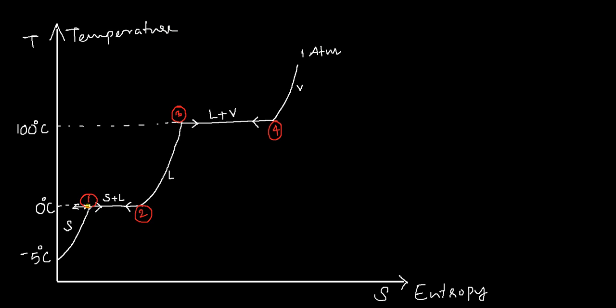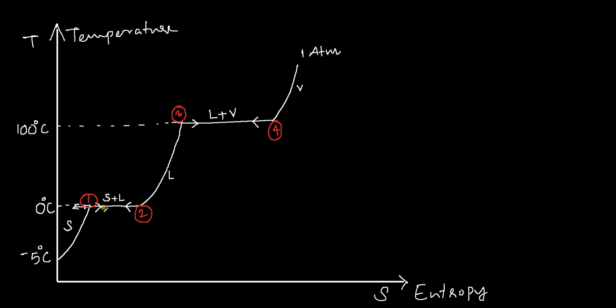You have a solid saturation at point 1, at which point if you add an infinitesimal amount of heat to the ice at the solid saturation point, it will start to melt and start forming liquid.